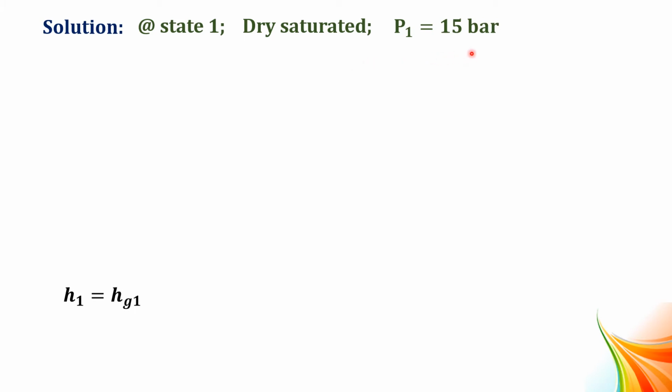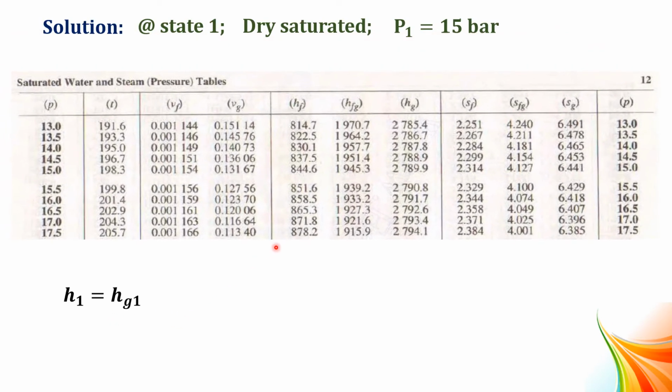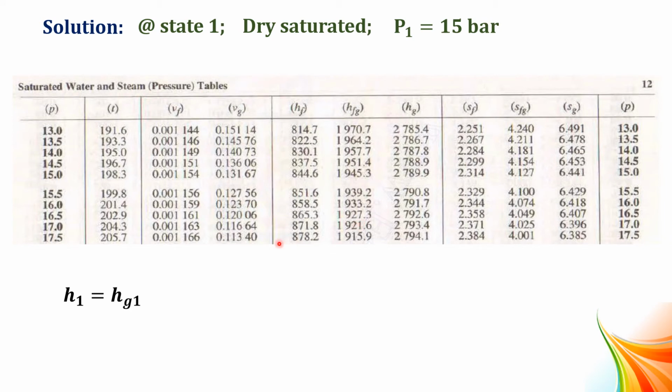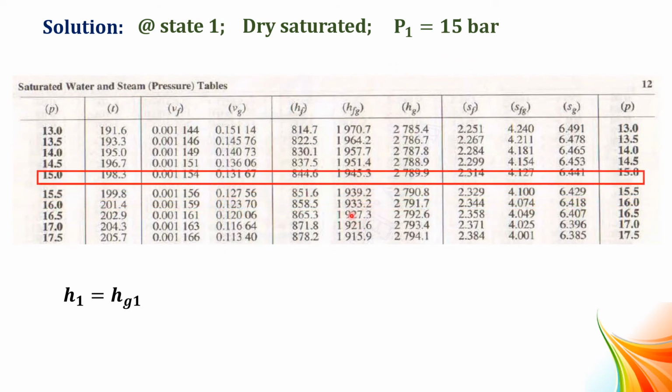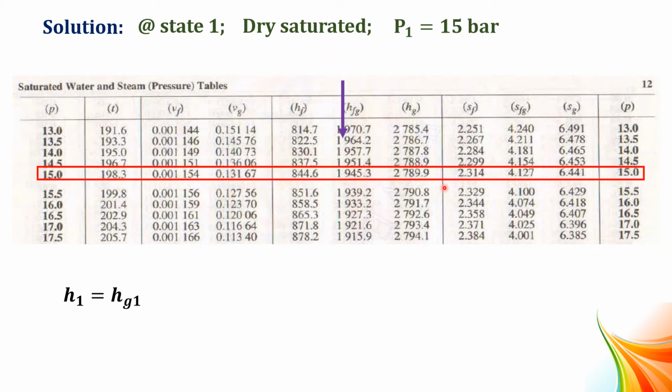So here the steam is dry saturated, so H1 is equal to Hg1. From the steam table, page number 12, corresponding to 15 bar pressure, you have to note down the value of Hg. So Hg equal to 2789.9 kilojoule per kilogram. Therefore H1 equal to Hg1 equal to 2789.9 kilojoule per kilogram.